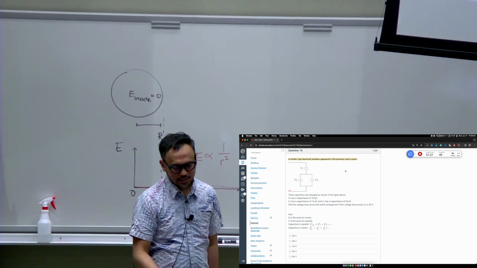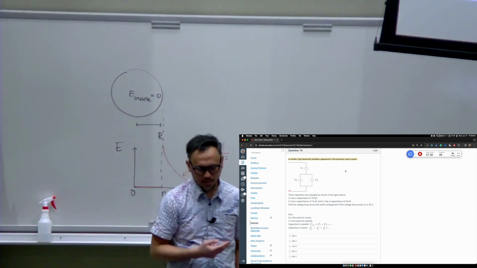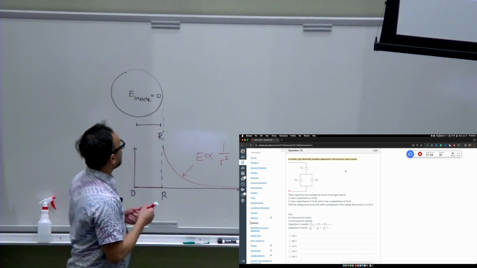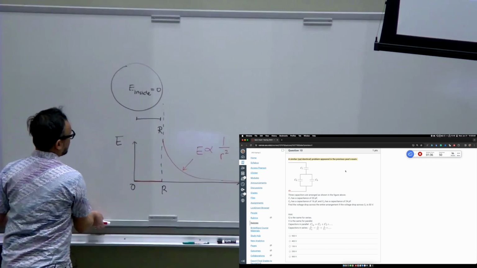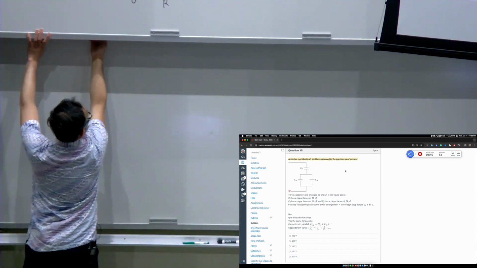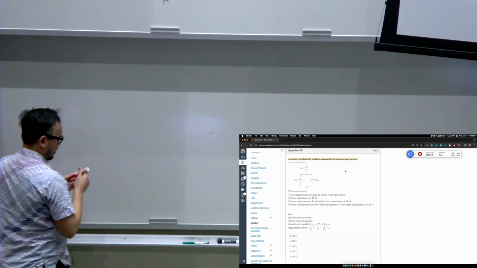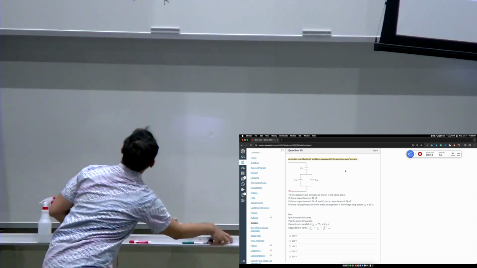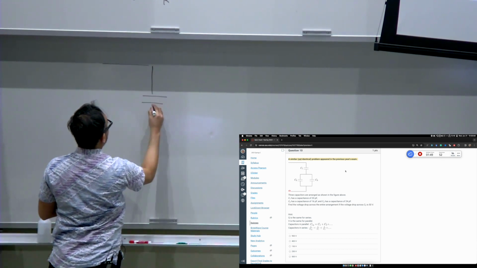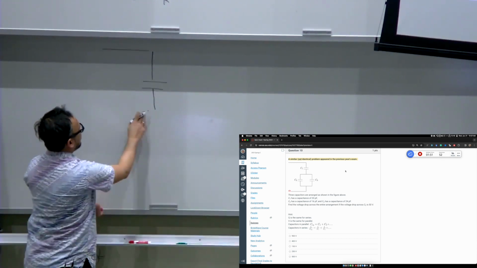The question is, there are three capacitors arranged as shown in the figure here. Let me draw it not too high. So this is one capacitor.